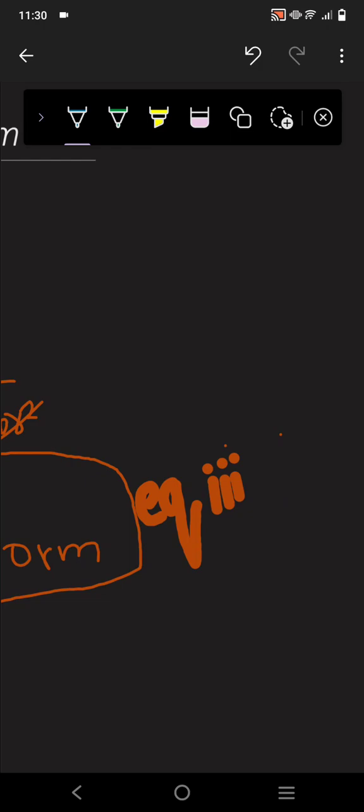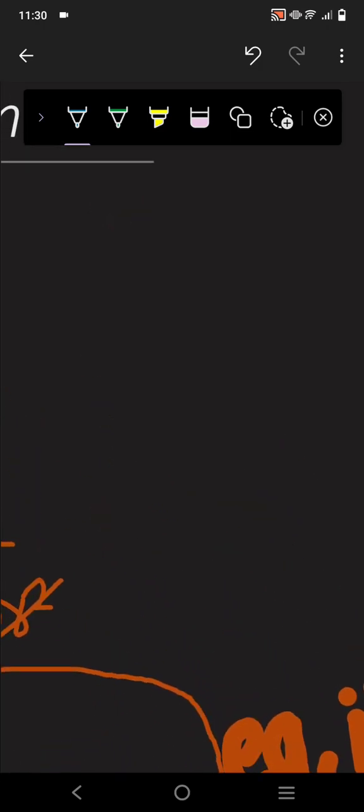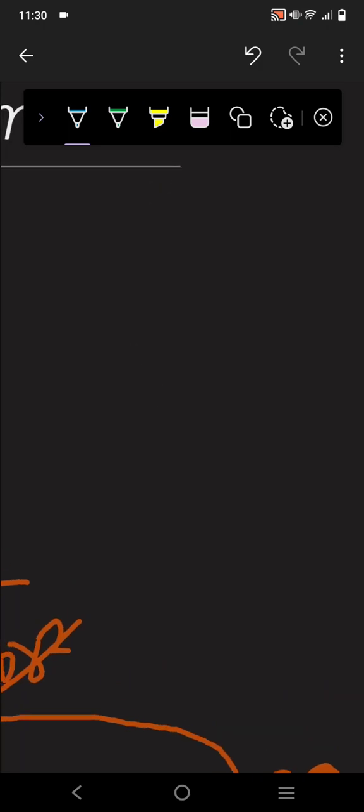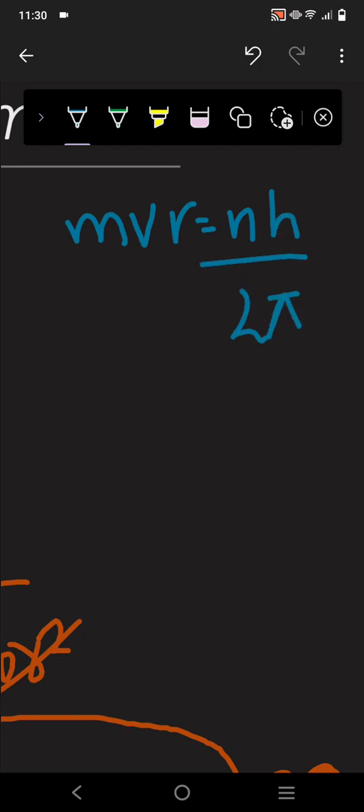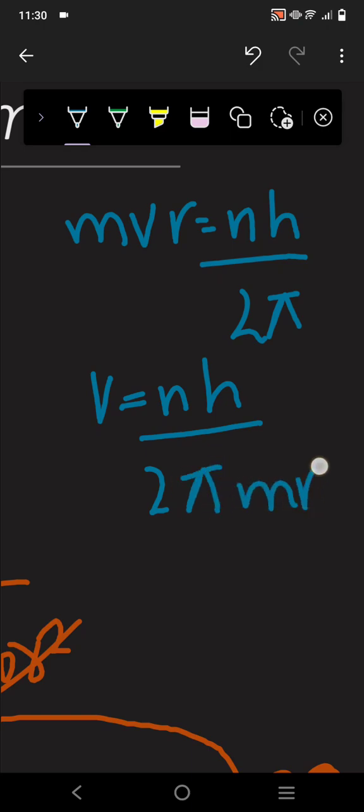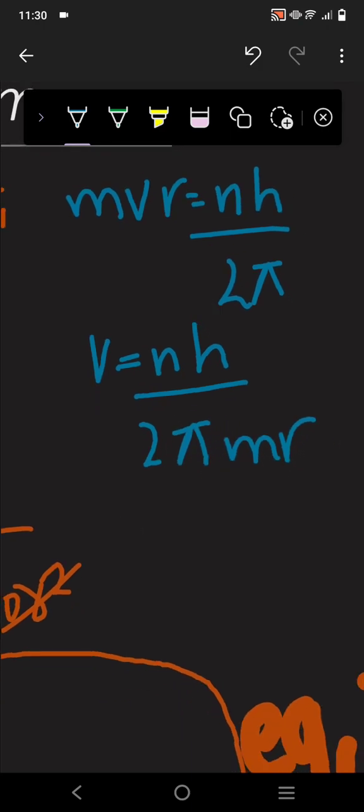Alright, so we have the constant formula to calculate the angular momentum of the electron, and that is mvr is equal to nh upon 2 pi. So v is equal to... can I write this? Yes, of course, I'm just switching the places to get the r value. So I'm taking a square on both sides.